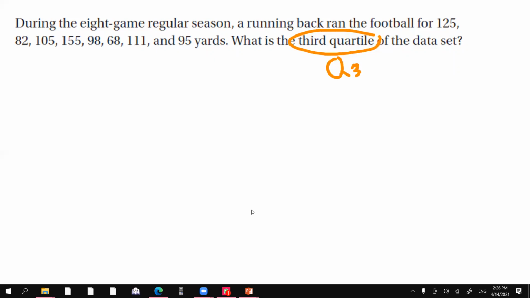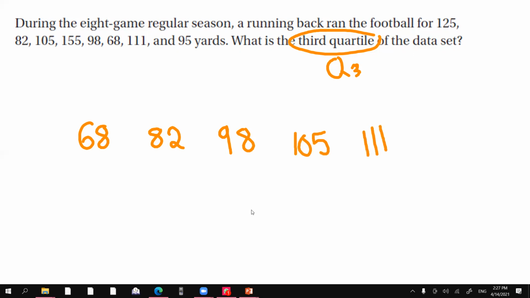The smallest one here is 68. Then we have 82. Then we have 98. Then we have 105, 111, 125, and 155. There must be 8. 1, 2, 3, 4, 5, 6, 7. I forgot a number. 95 here. Yes.